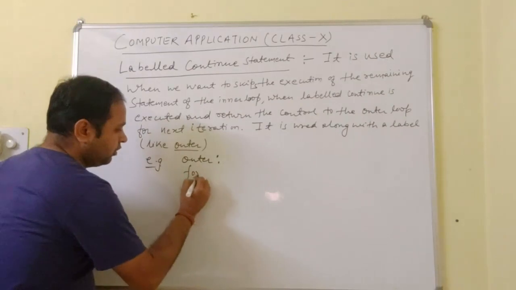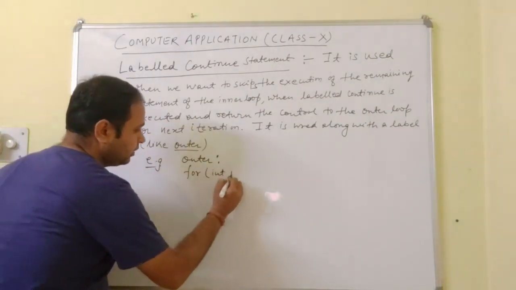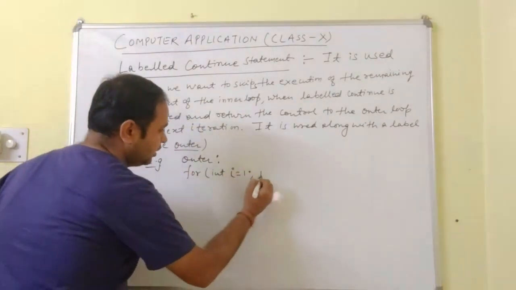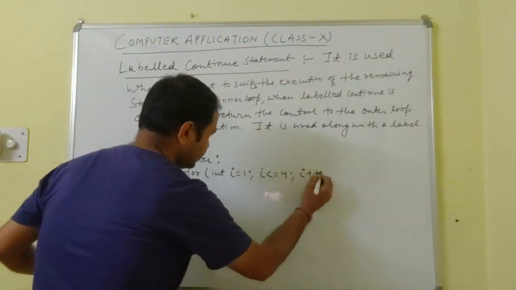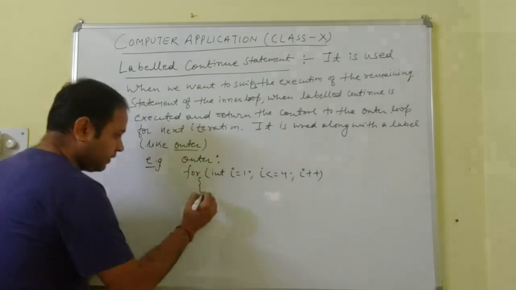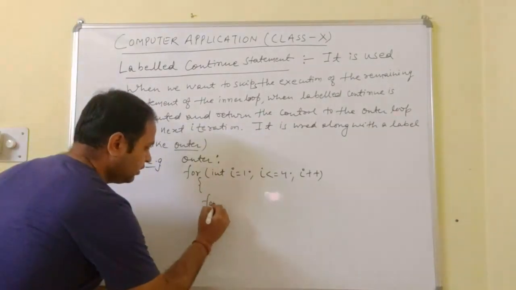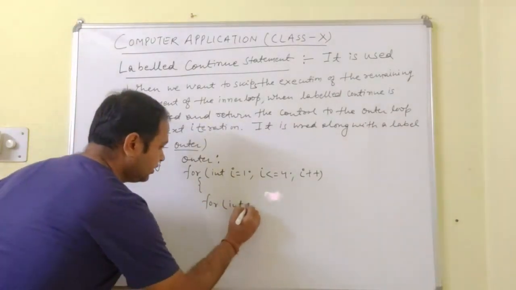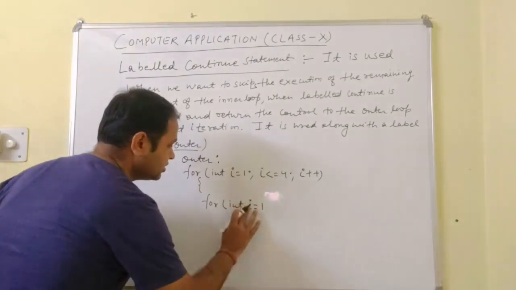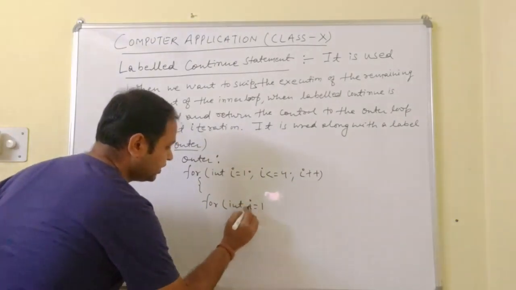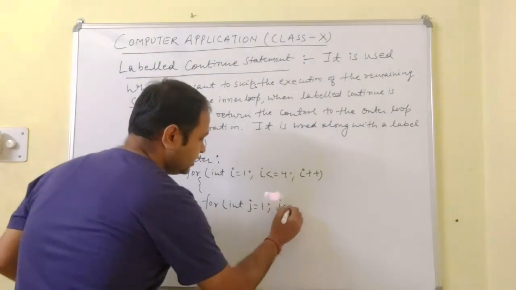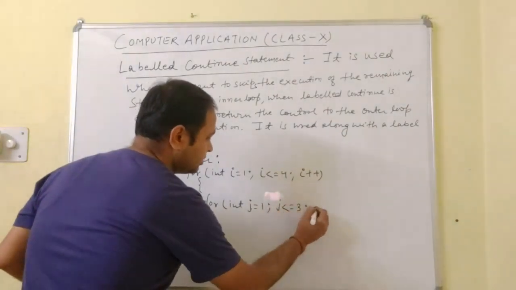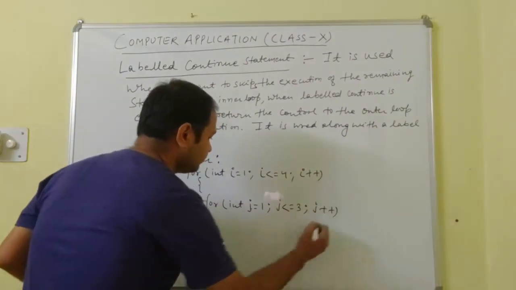Then I write for int i is equal to 1, i less than or equal to 4, i plus plus. Then for int j, I take a j loop over here, j less than or equal to 3, j plus plus.